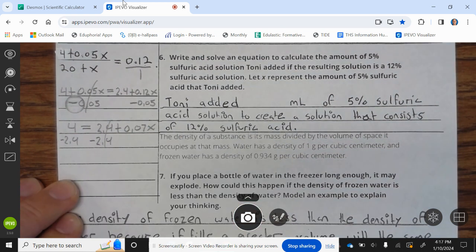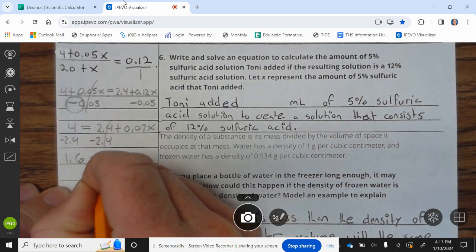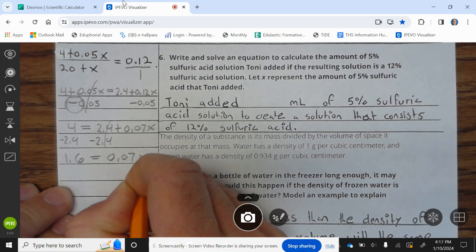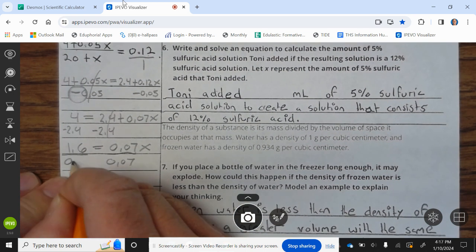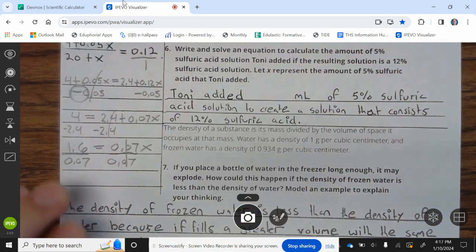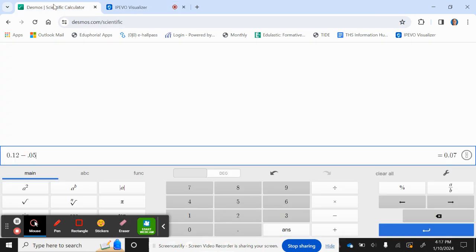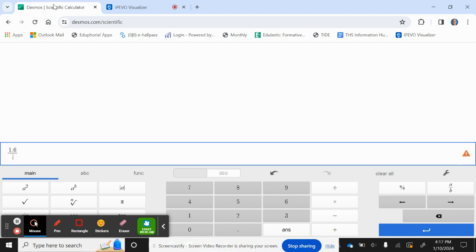That cancels. You get 1.6 equals 0.07X. Divide both sides by 0.07. This becomes 1. So then we do 1.6 divided by 0.07, which is 22.9.